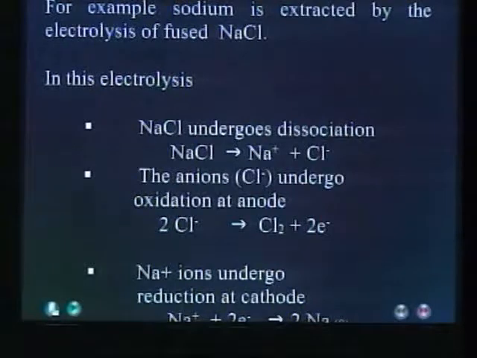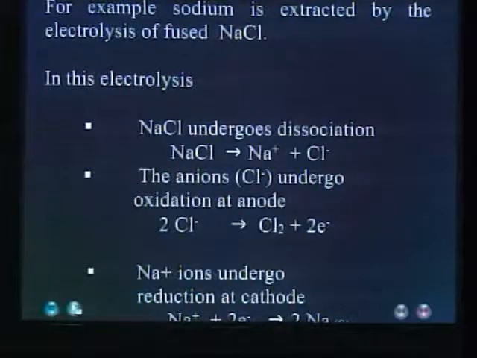In this electrolysis, NaCl is taken as electrolyte, which undergoes dissociation on sending current to give Na+ and Cl- ions. On passing current, the anions, the Cl- ions, come towards the anode and undergo oxidation to give chlorine gas, which is obtained as a byproduct.